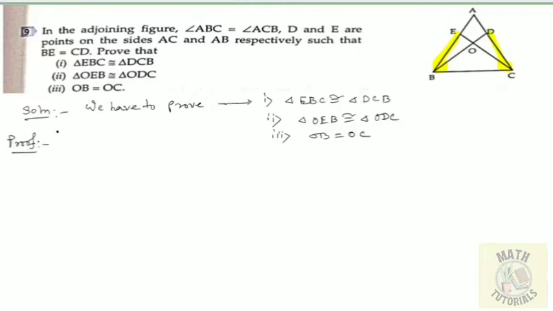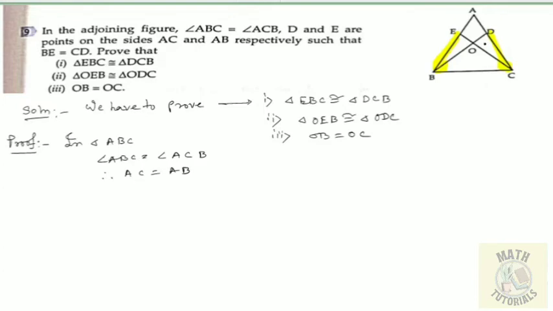Here you can see in triangle ABC, angle ABC is equal to angle ACB. Therefore, AC is equal to AB, because if in triangle ABC these two angles are equal, then it will be an isosceles triangle.